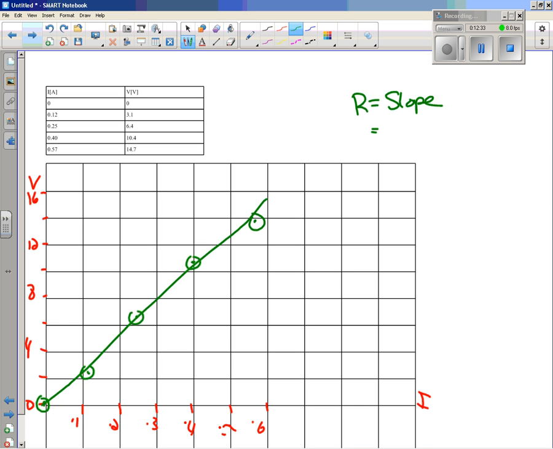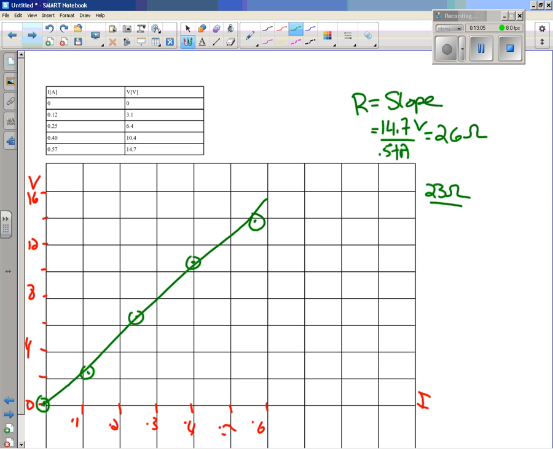In this case, since there's a 0, 0 point, you could go 14.7 volts over 0.57 amps, and that gives me a resistance. 14.7 divided by 0.57 gives me about 26 ohms. The color bands that it gives you, I think, ends up giving you 23 ohms.